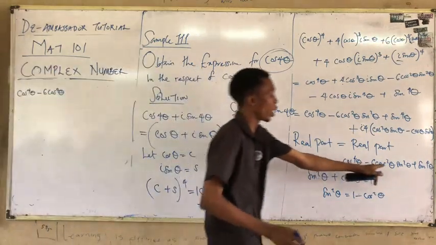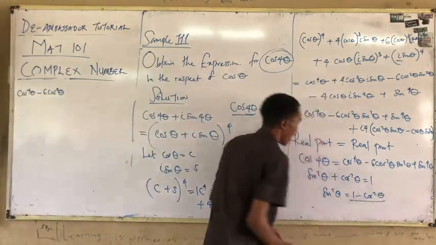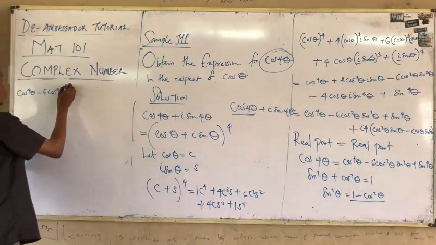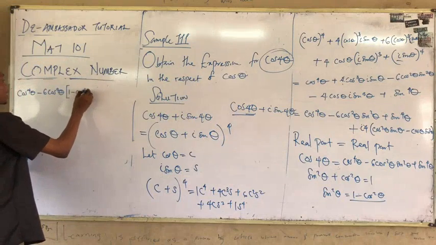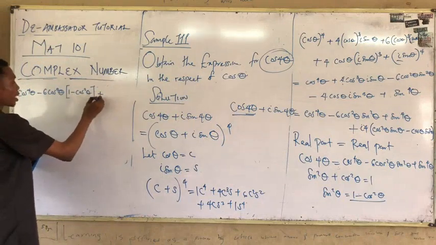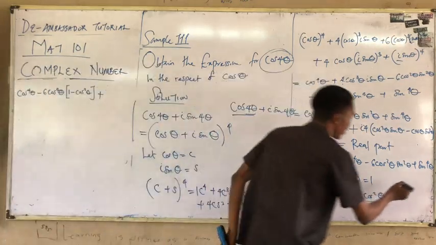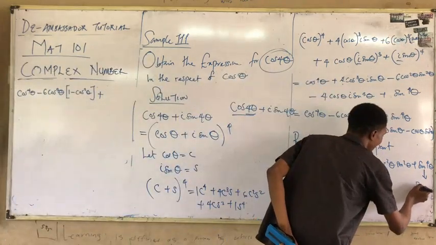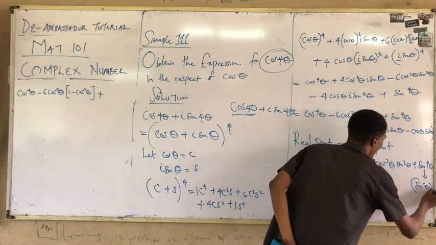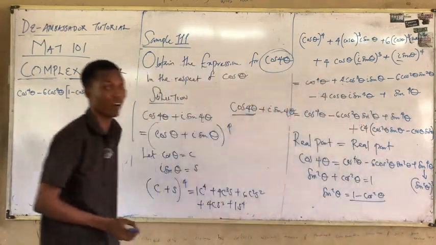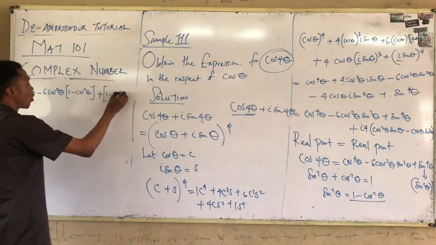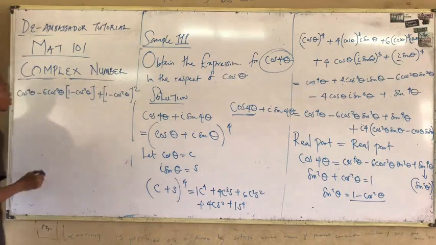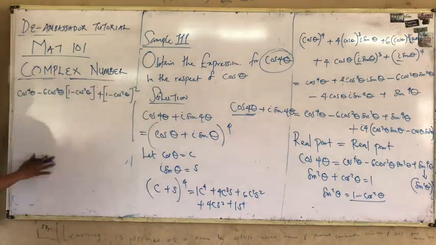You know this is sine square theta, that will be 1 minus cos square theta. And this sine 4 theta can be written as sine square theta all to the power of square. Is it correct? Yes. So that will be 1 minus cos square theta, all squared. So we'll open the bracket.